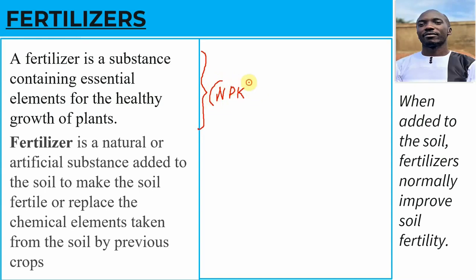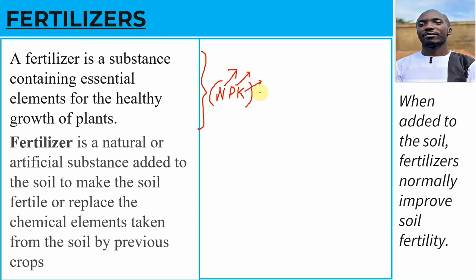That is nitrogen, N, which is the symbol for nitrogen. Then this is the symbol for phosphorus, P, and this is the chemical symbol for potassium, K. In other words, the NPKs contain nitrogen, phosphorus, and potassium in certain proportions. So that is one way of defining fertilizers.